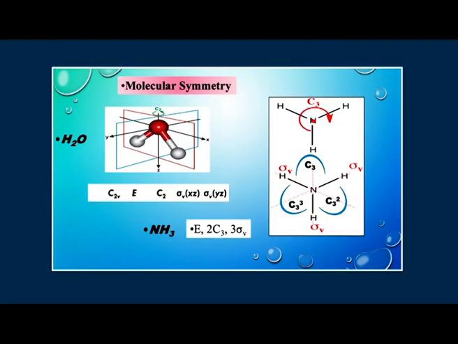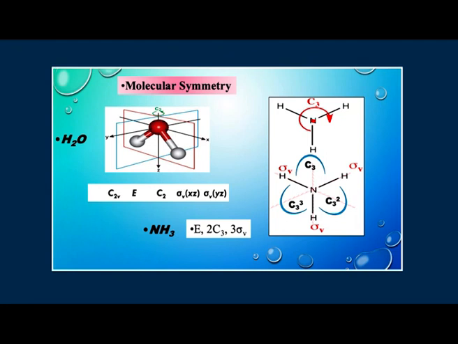Ammonia also contains three vertical planes of symmetry, each of which contains the principal axis. The three mirror planes, designated as sigma V, sigma V dash and sigma V double dash, run through the principal axis in ammonia.